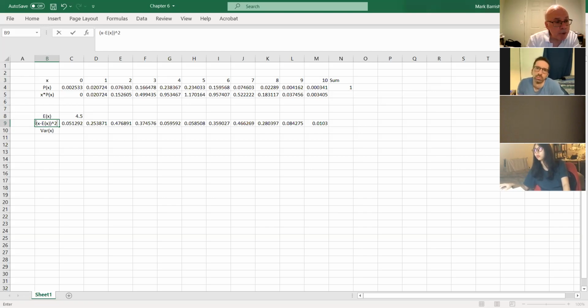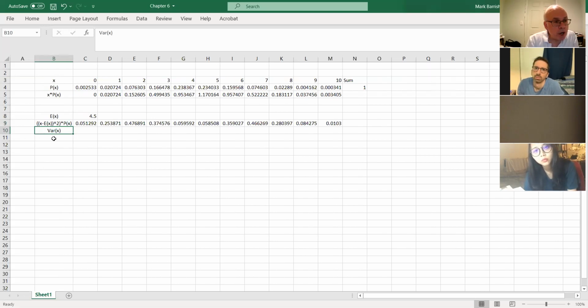Maybe put another parenthesis around this. And this is times p. Right? So just so we can display everything, I'll just click that. All right. So this is the product of the probability times the square of the deviation from the mean for each of these values of x.